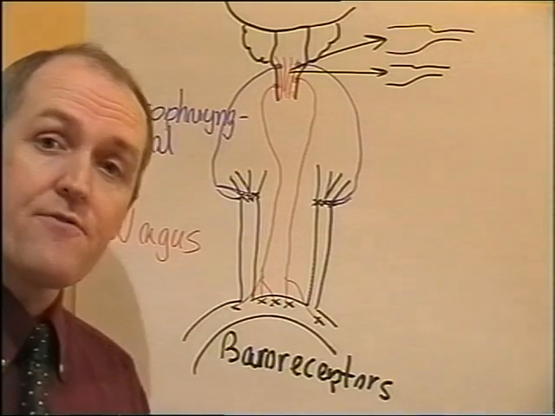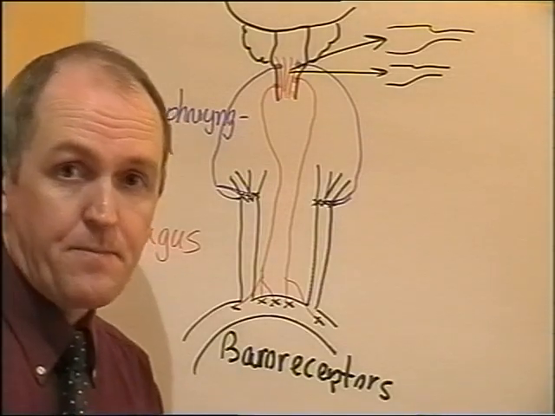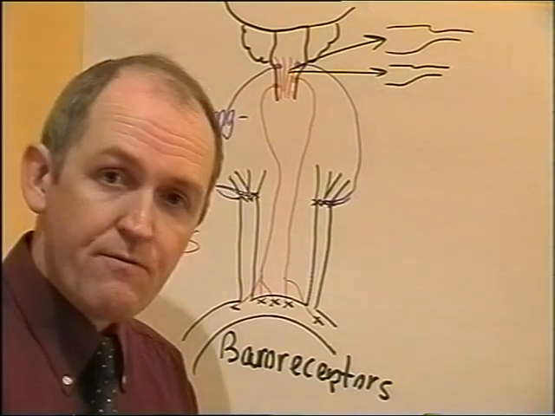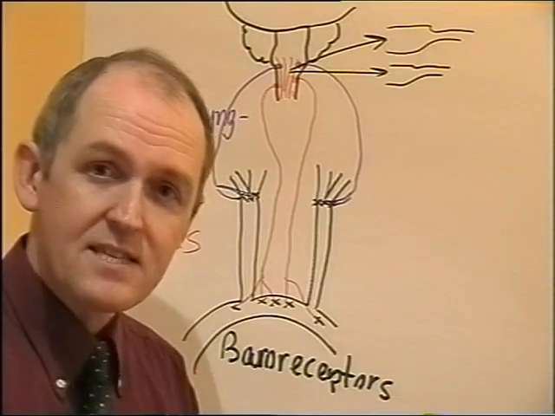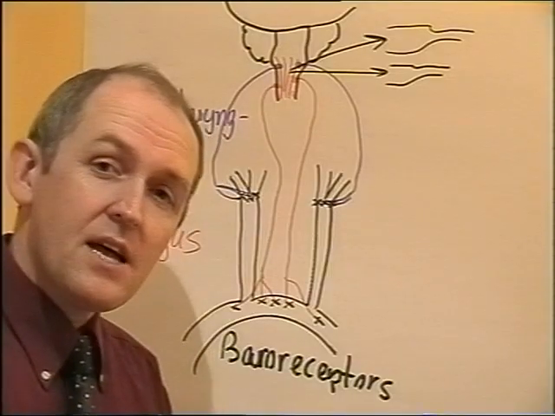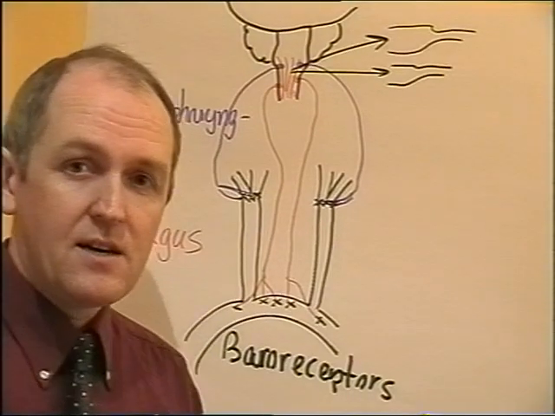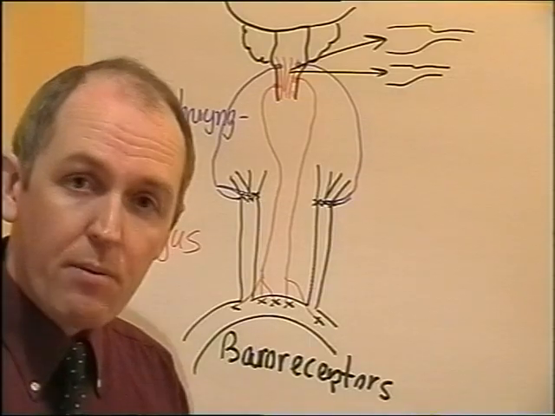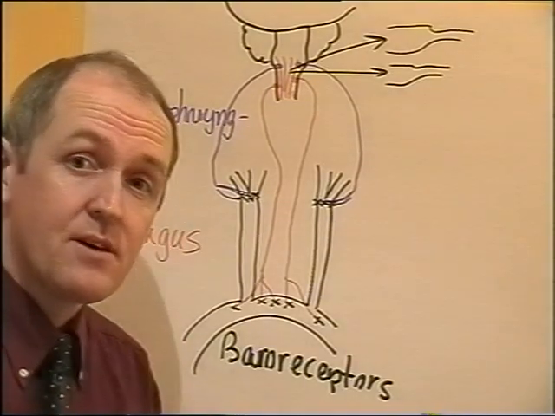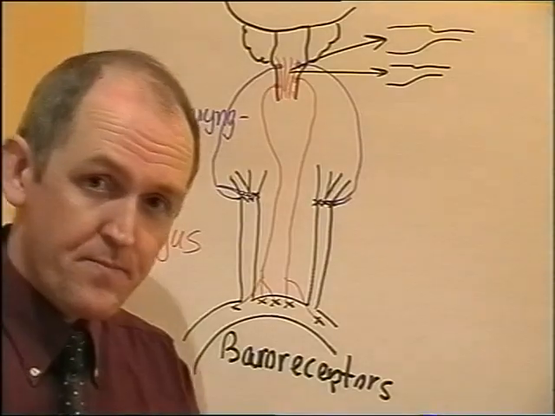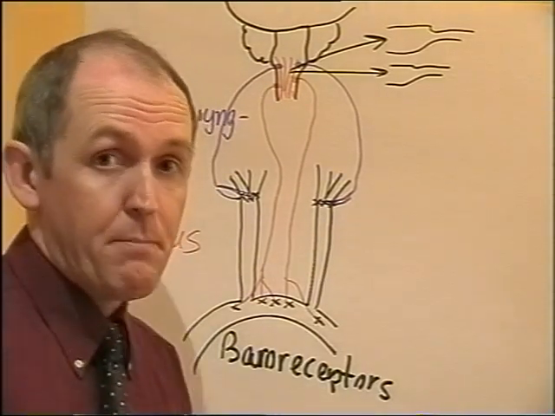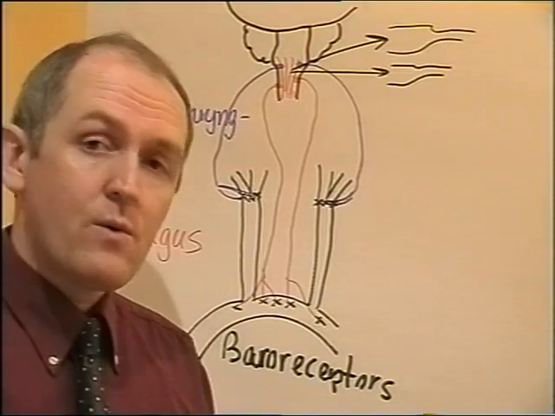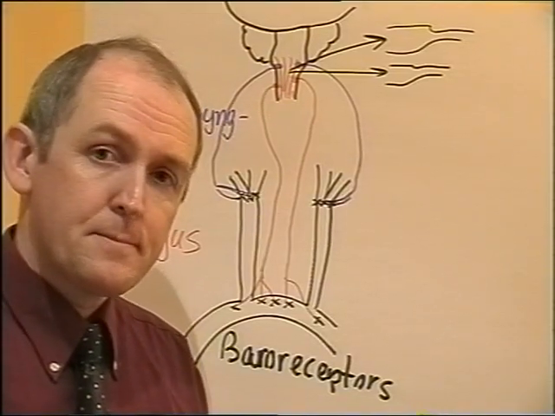It'll cause a peripheral venoconstriction. That's going to increase the pressure in the veins, and that will increase the venous return to the heart. There'll be more blood going back to the heart because the veins have constricted. And if there's more blood going back to the heart, that means more blood can be pumped out from the heart, so that will also increase blood pressure.